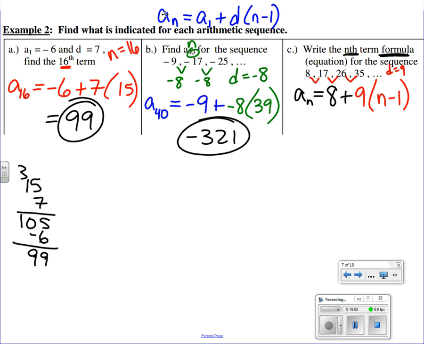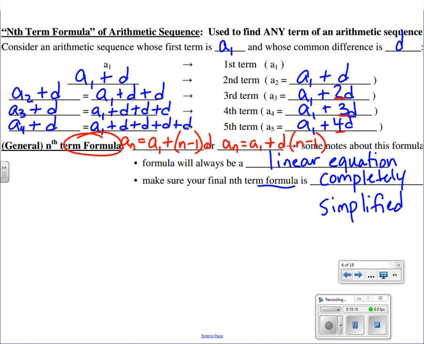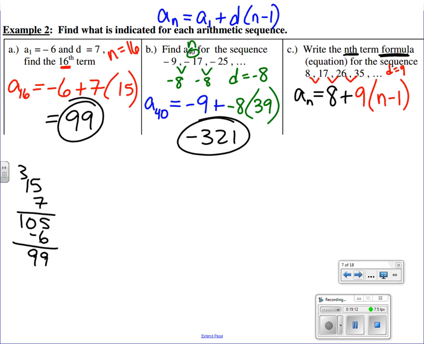All right, remember, we said it had to be completely simplified, so we can do a couple more steps right there. What should I do? Yes. All right, the 9 has to go with the parentheses. So we got to distribute right here. 9 times n, and 9 times negative 1, negative 9. Drop down your 8. Okay?